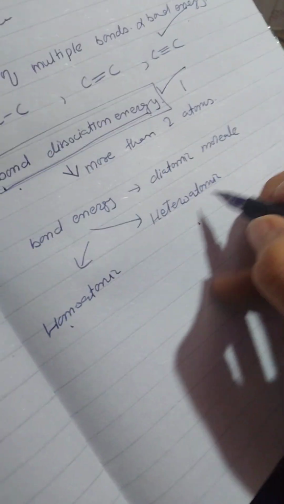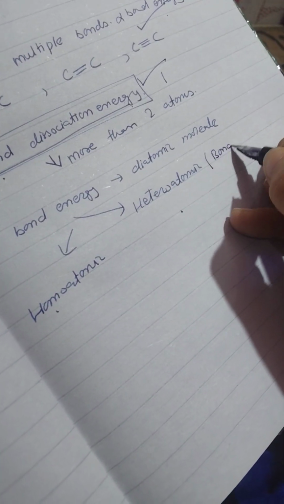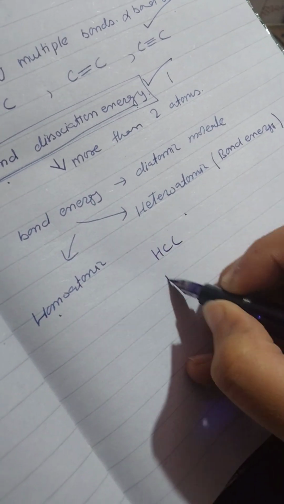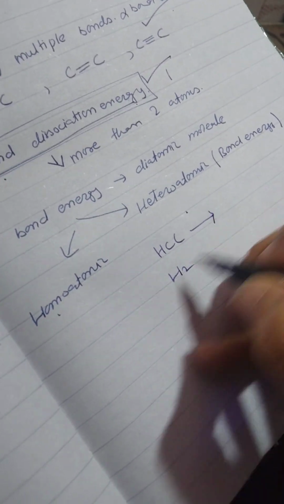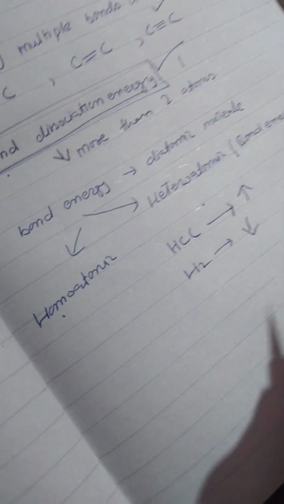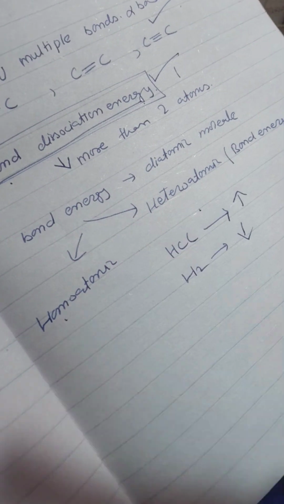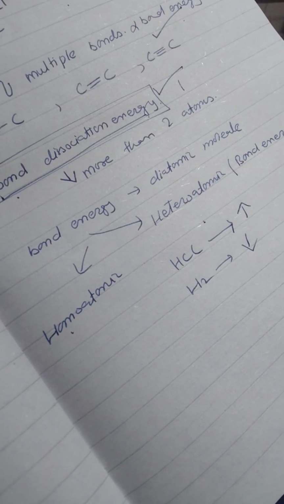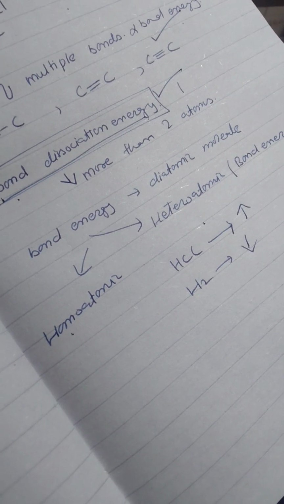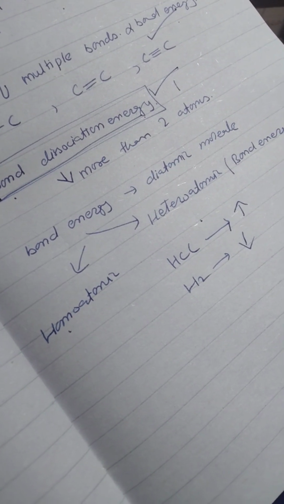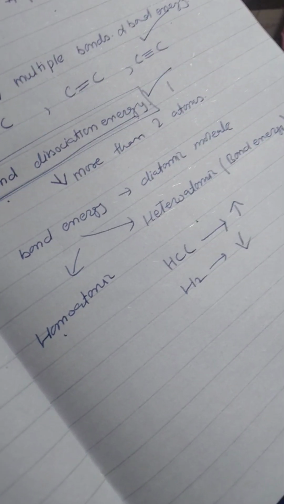Basically the bond energy of heteroatomic molecules is high. For example, we have HCl and we have H2. The bond energy of HCl will be higher and H2 will be lower. Why? Because they are not similar; there will be an electronegativity difference, that is, polarity. As we have seen, as the polarity increases, the bond energy also increases.